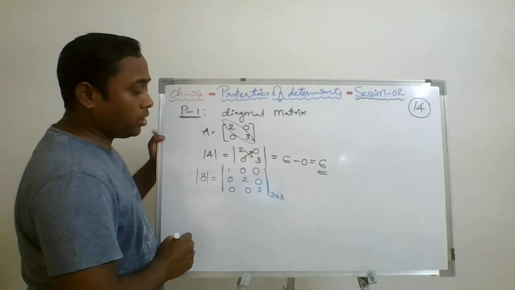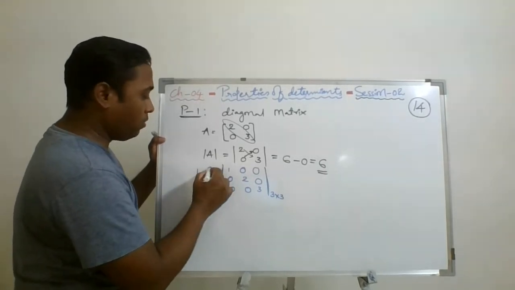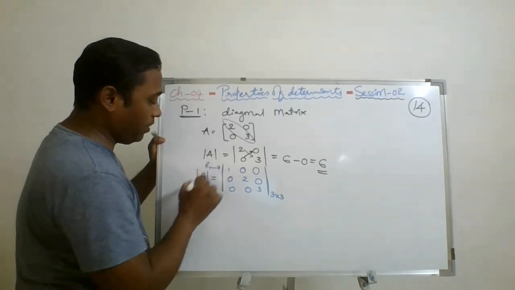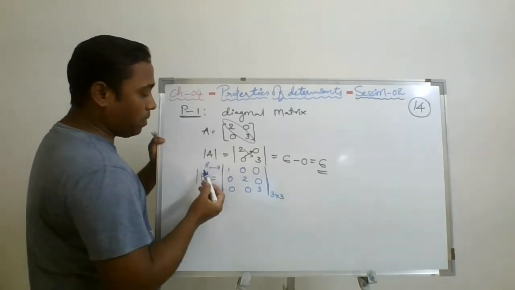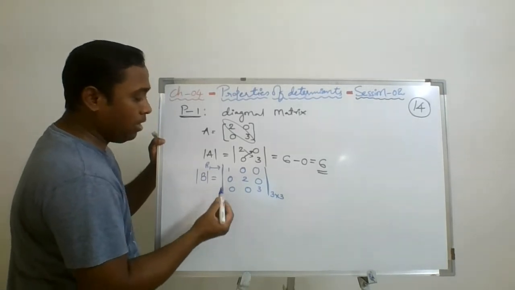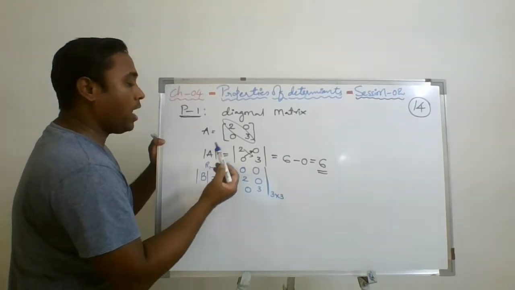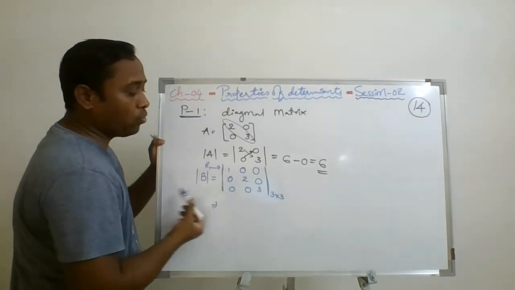Now I want to expand this 3 by 3 determinant with the help of row 1. And what is the process to find the determinant? Simply element multiplied by its position sign and multiplied by its corresponding 2 by 2 determinant.